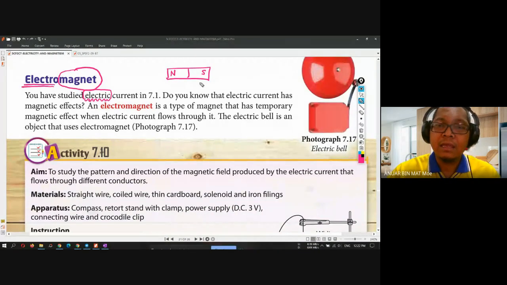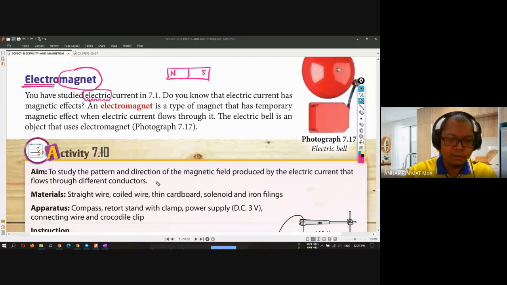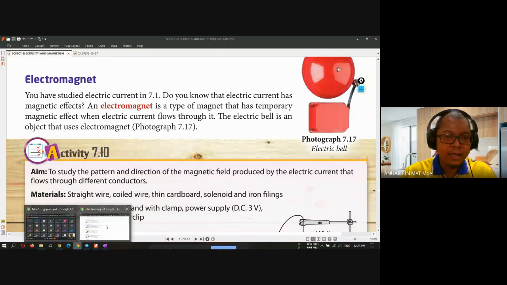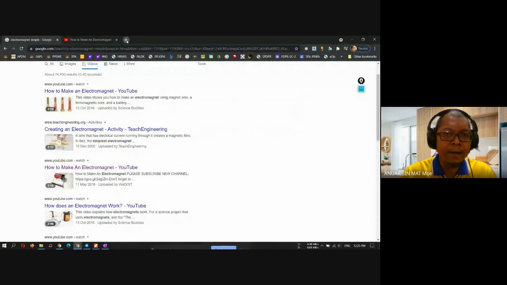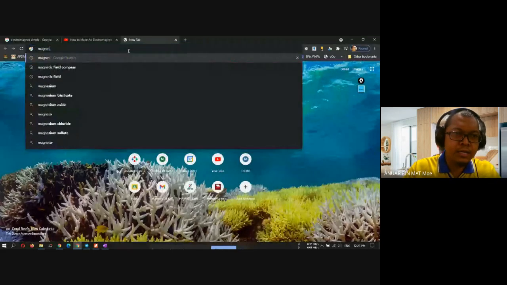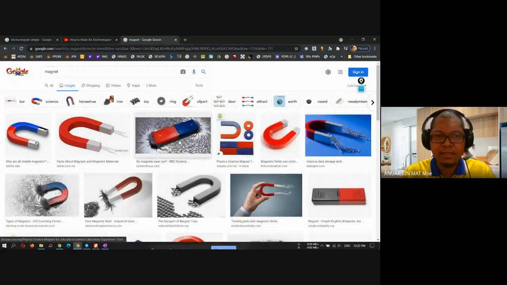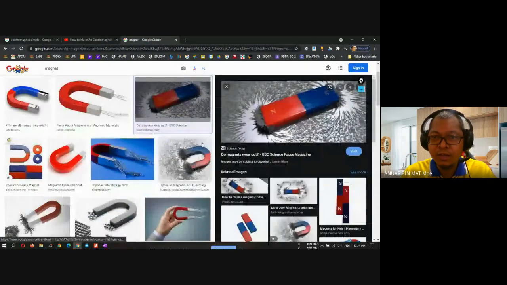The magnet that we used before, does it use electric or not to create a magnetic field? Wait, I will show you this type of magnet that I showed you yesterday, right?